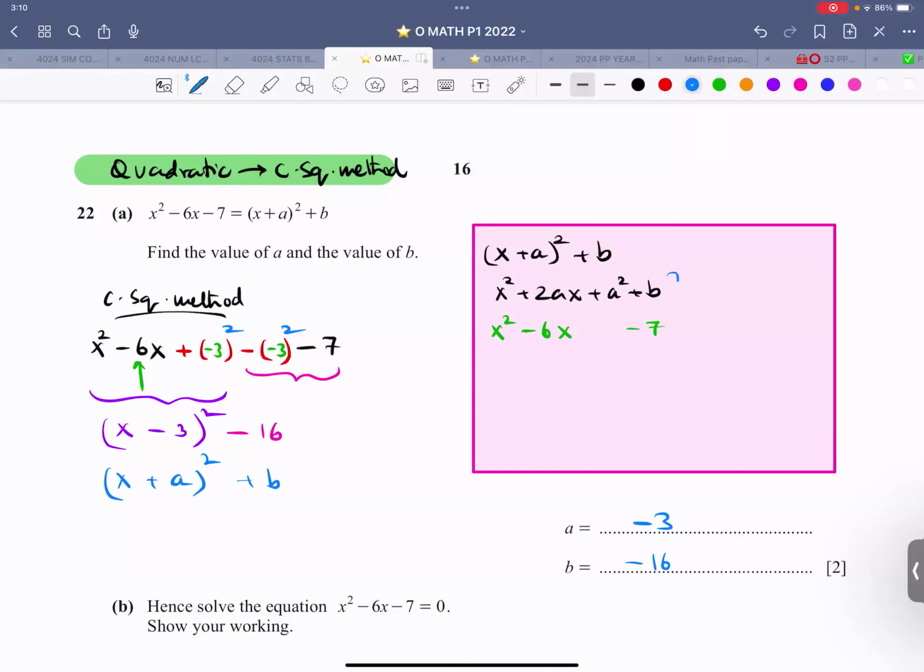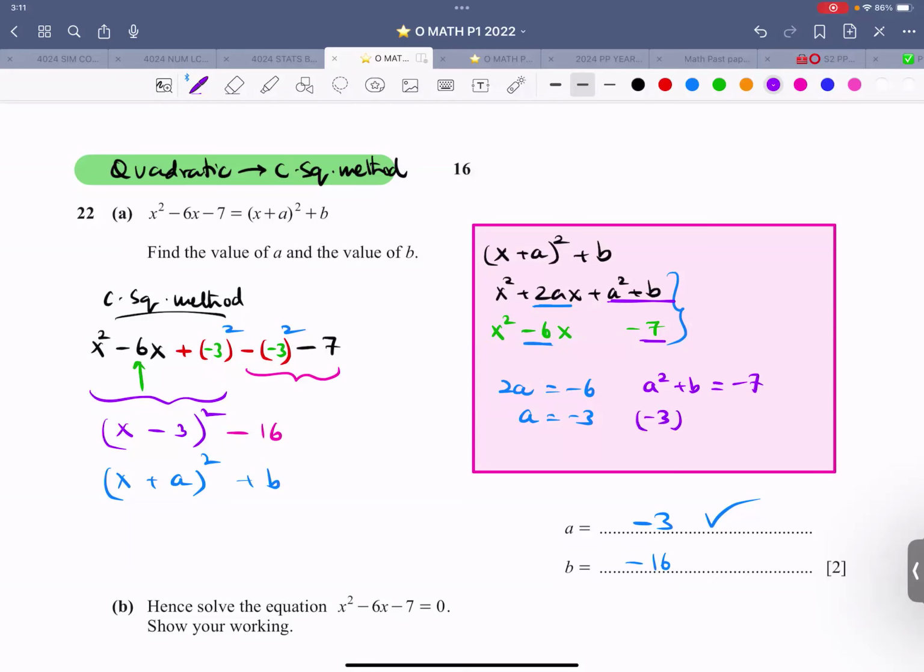So therefore, what do we have? Let me first write it like this. So 2a is the coefficient of x, minus 6 is the coefficient of x. So 2a is equals to -6, a is -3, just like over here. Similarly, a square plus b is -7.